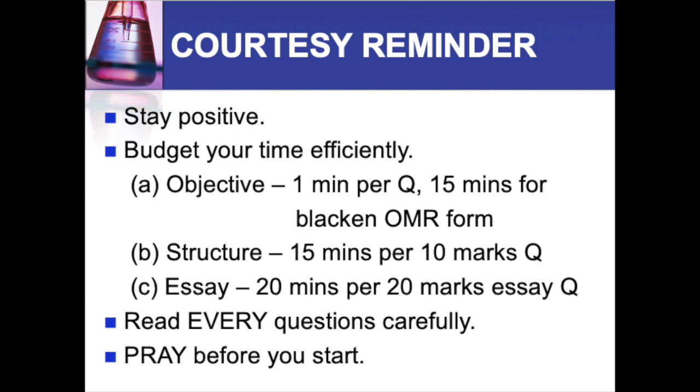For structure, we estimate about 15 minutes maximum per 10 mark structure question. And for every essay question, especially in your paper 2, the maximum time allocation is 20 minutes only. Never go more than 20 minutes. If you stay there for more than 20 minutes and not answering the question, you are wasting your time.